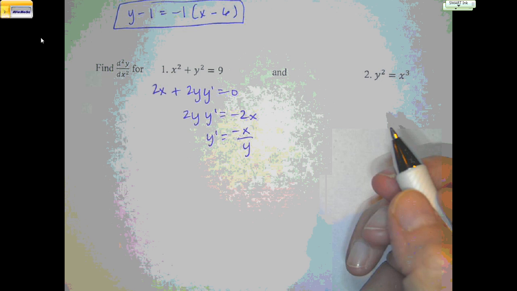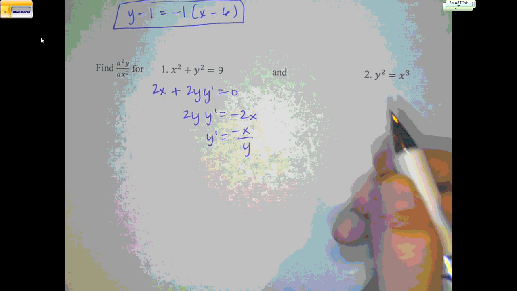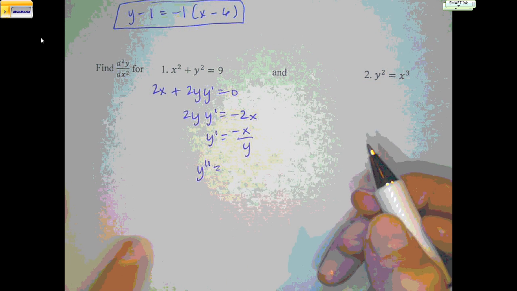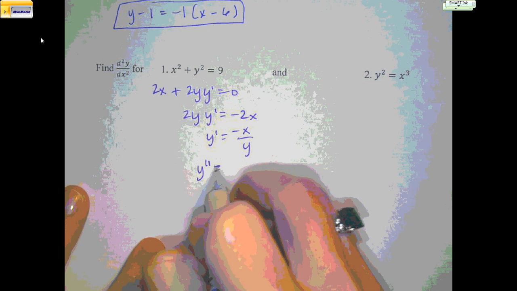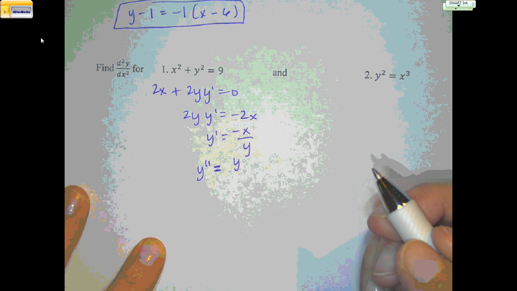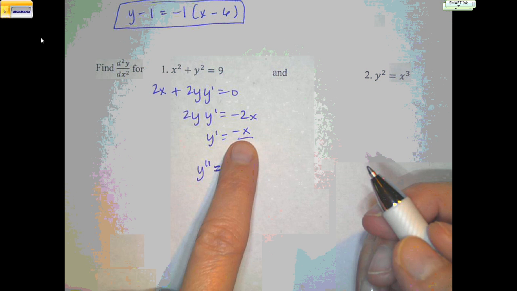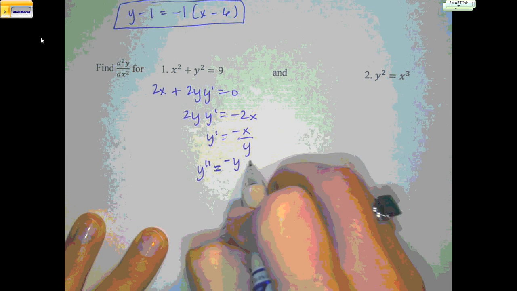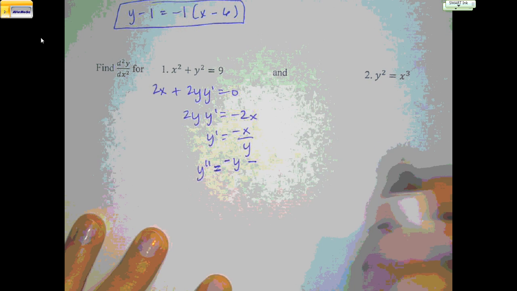Second derivative. I've got a quotient here, so I'm going to have to do the quotient rule. Bottom times the derivative of the top. What is the derivative of the top? -1, so I'm just going to tuck that negative in front of the y. Minus top times the derivative of the bottom.